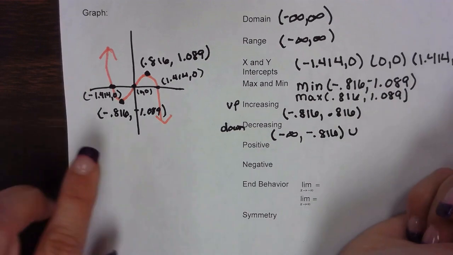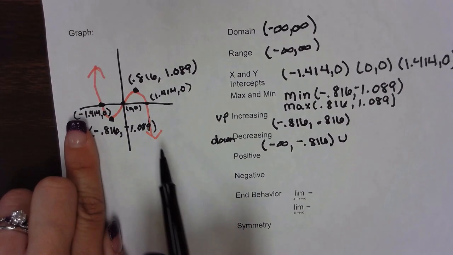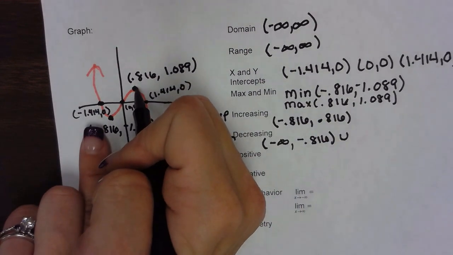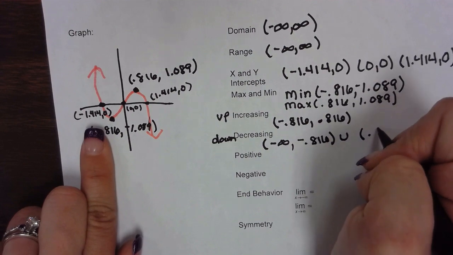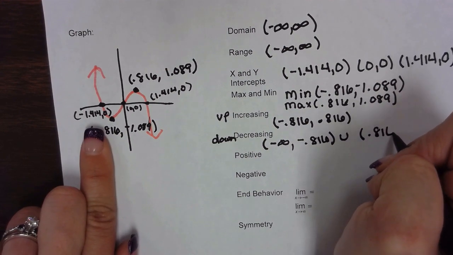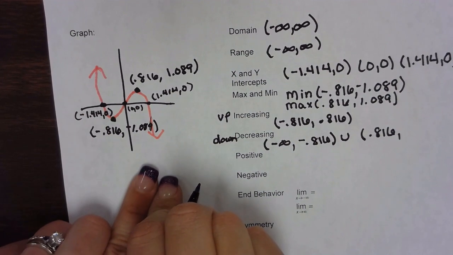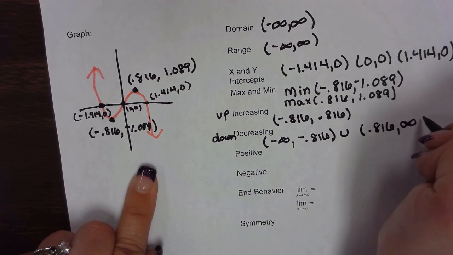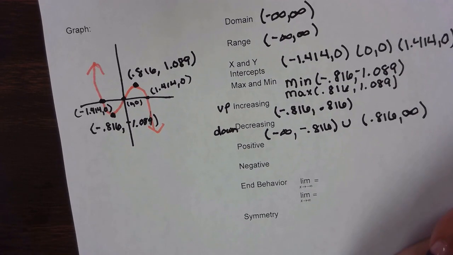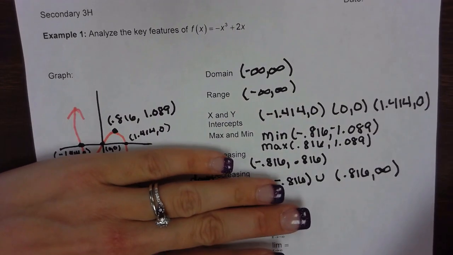We have another decreasing, right here. It starts decreasing at this point. That x value is 0.816. And it decreases all the way to, and remember we're using our left and right, it goes to the right, so it must be infinity.